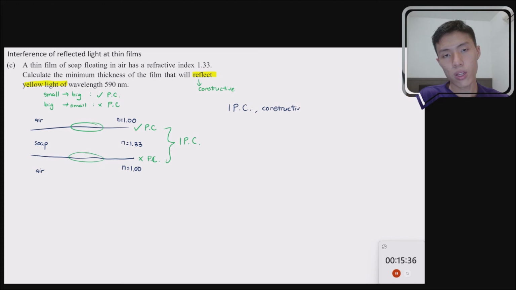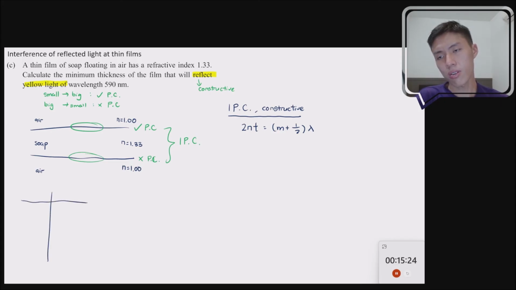So for one phase change, constructive interference, our equation will be 2nt equals (m plus half) lambda. How do we get this equation? I actually did a table. If it's 0 phase change, your constructive equation will be 2nt equals m lambda.